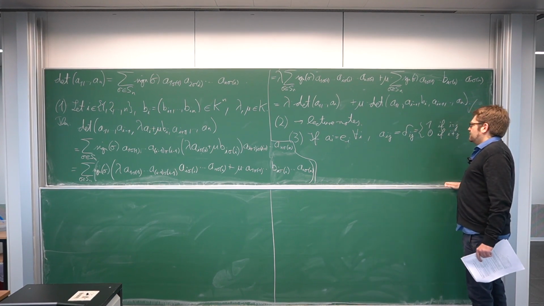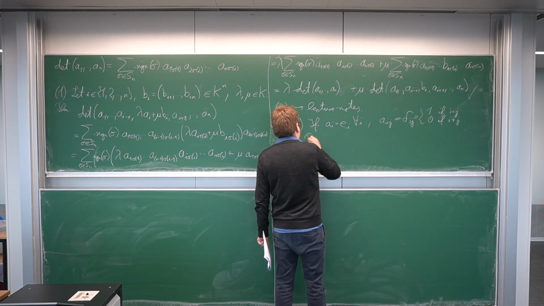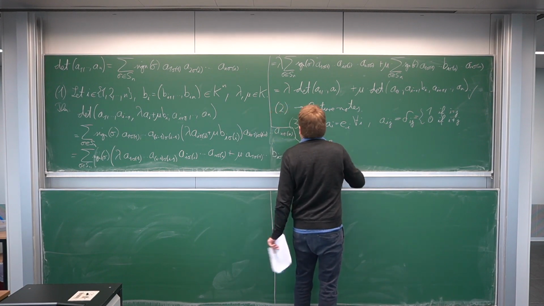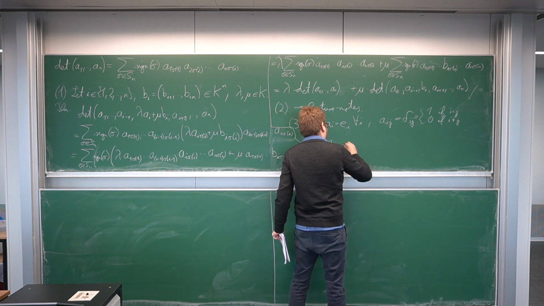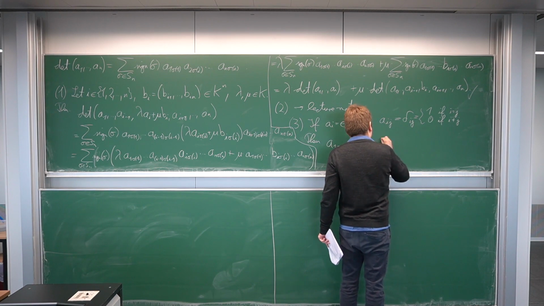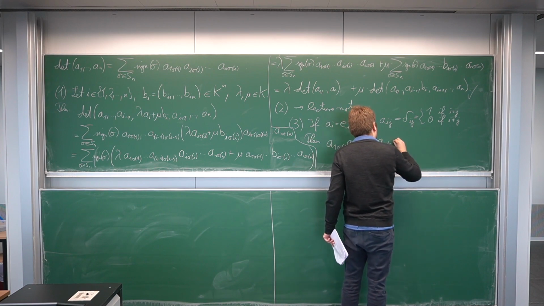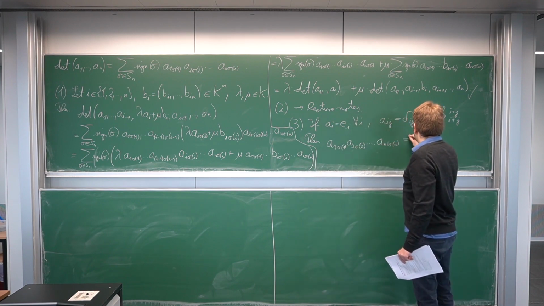So if we take these products that appear here, a1 sigma of 1, a2 sigma of 2, to an sigma of n, when is this non-vanishing?